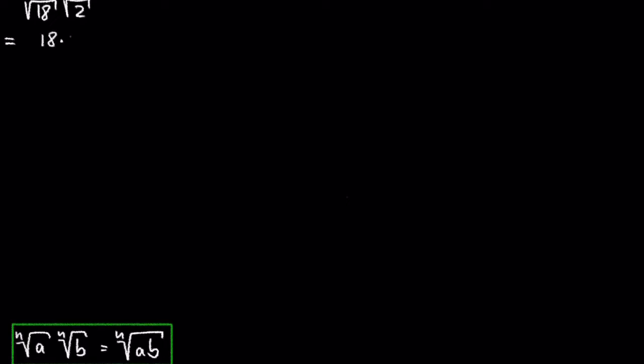Using the multiplication rule for roots, we can write the product of 18 times 2 under one root, which gives us 36. The square root of 36 is 6, and we're done with this problem.